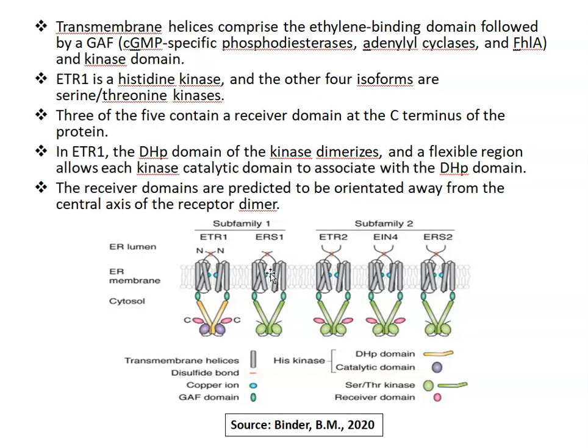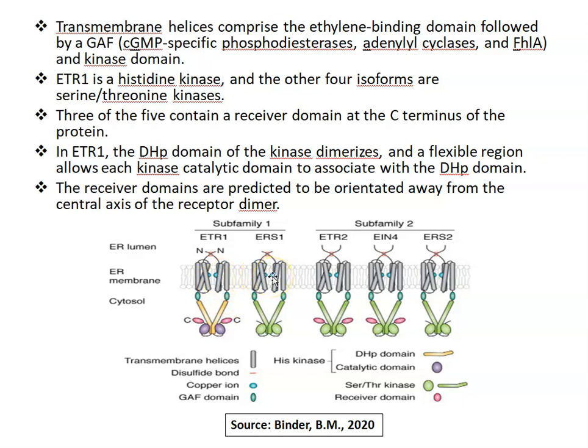So here the kinase domain of ETR1 has a DHP domain, these yellow elongated structures, and a catalytic domain, these purple colored structures. So the histidine kinase has these 2 domains, the DHP domain, elongated yellow colored structure, and the catalytic domain, purple colored structure, right?